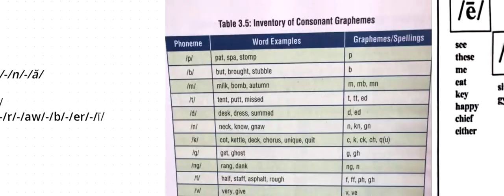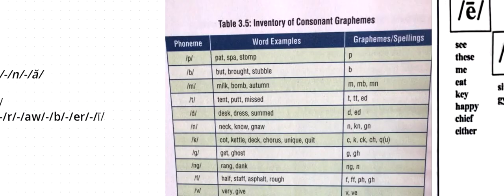We always spell the p sound with the letter P. B, but, brought, stubble. We always spell the B sound with this letter B. Milk, bomb, autumn. We always spell the M sound with one M, an M and a B, like in bomb, or an M and an N, like autumn.